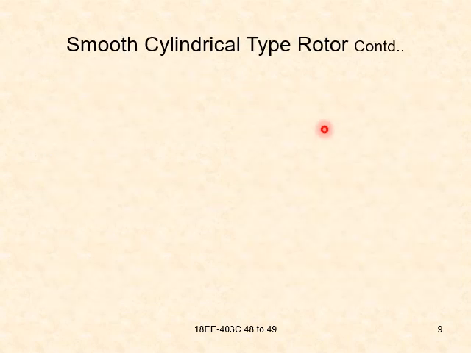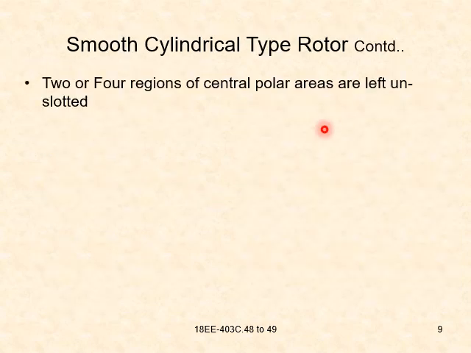In continuation with smooth cylindrical type of rotors, the 2 or 4 regions of central polar areas are left unslotted.